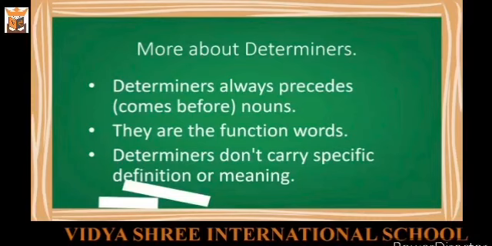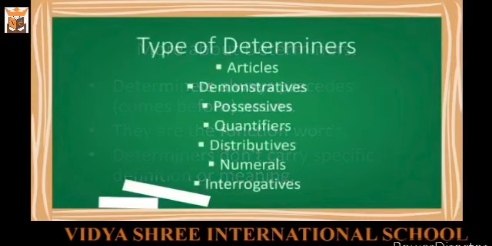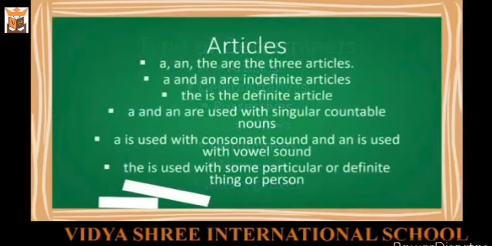So now let's discuss the types of determiners. Basically, we have 7 types of determiners. These are articles, demonstratives, possessives, quantifiers, distributives, numerals and interrogatives. Let us start with articles.